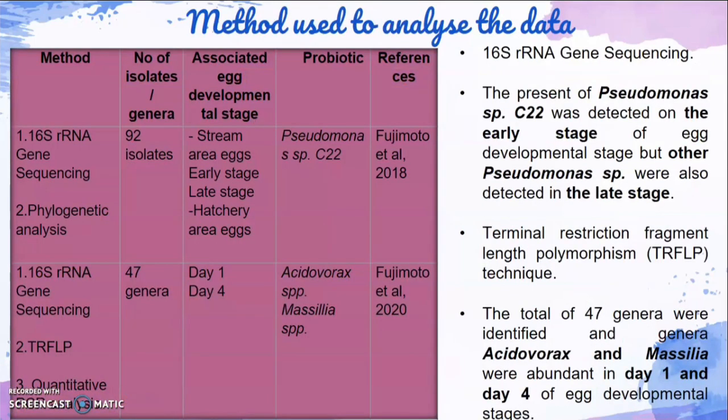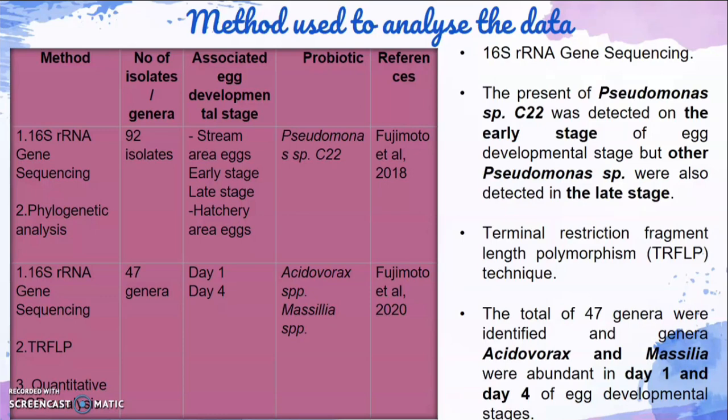Next is the method used to analyze the data. Only one same method was used by the 2 studies, which is using 16S rRNA gene sequences. In the Fujimoto et al. 2018 study, the presence of Pseudomonas species C22 was detected on the early stage of 8 developmental stages, but other Pseudomonas species were also detected in the late stage.